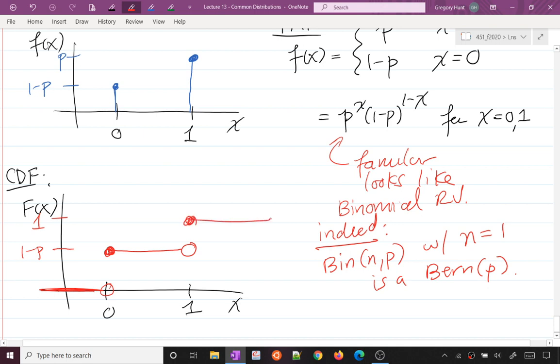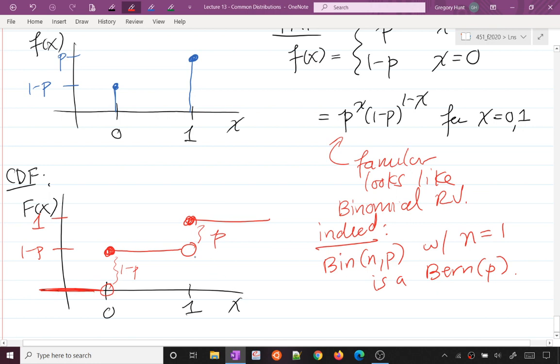So this is what my CDF is going to look like. We know what the jumps have to be. It's discrete, so it's going to be a step function. It has to start off at 0, it has to end up at 1. That's true of every CDF. It has to have a jump of 1 minus p here, and a jump of p here, because the jump sizes in my CDF correspond to the values of my PMF, or the probability of being at those values.